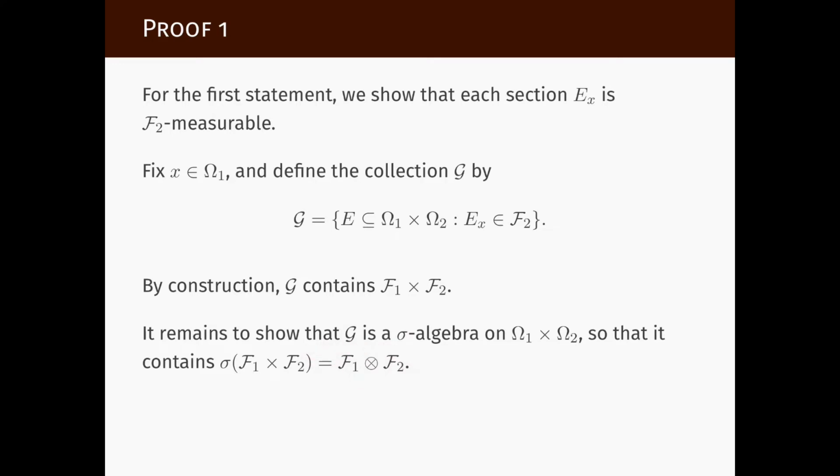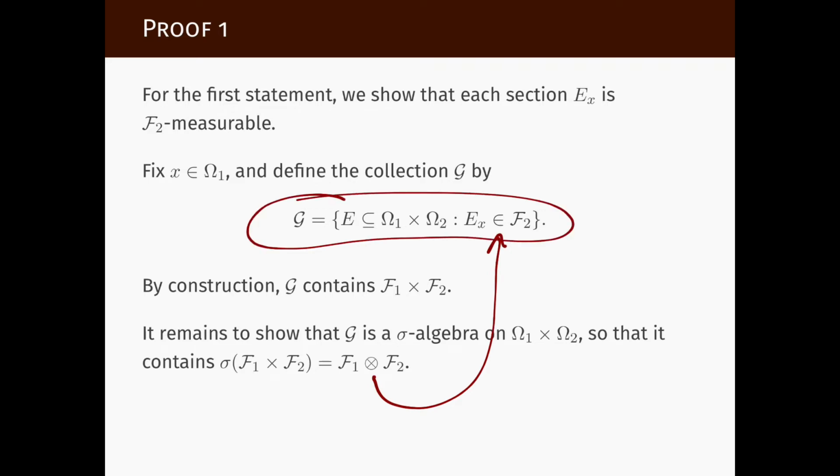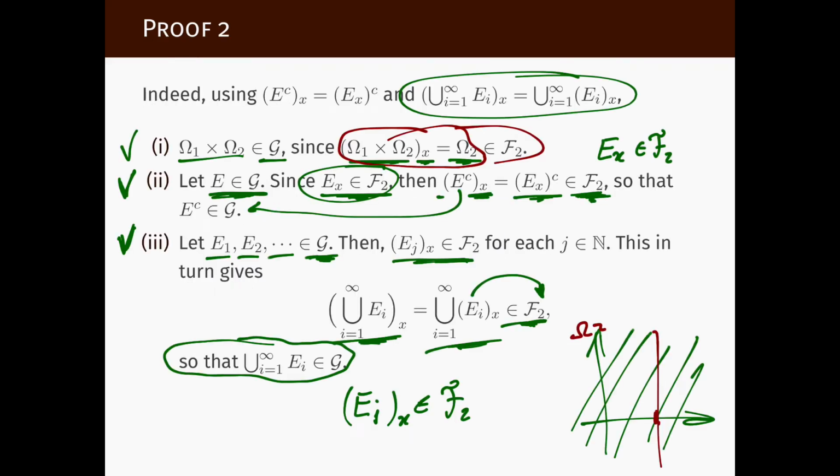That's exactly what we're trying to prove: that every set in the product sigma algebra has this property. So we're showing exactly what we were supposed to show. And we have already done the homework of proving that this class G is indeed a sigma algebra.